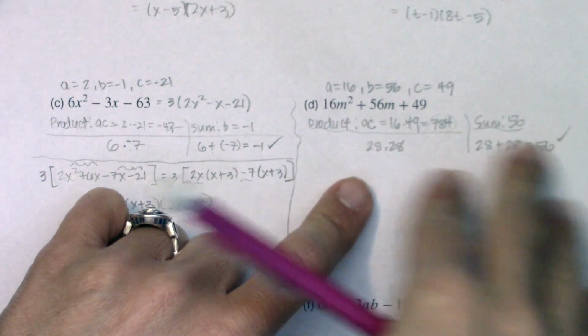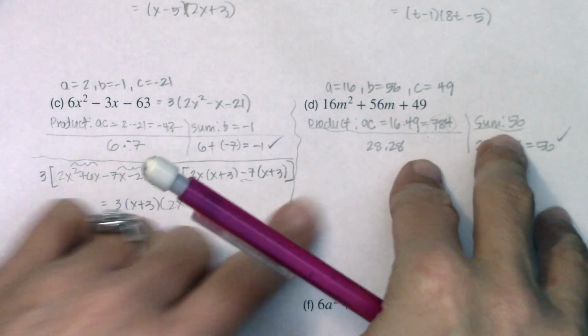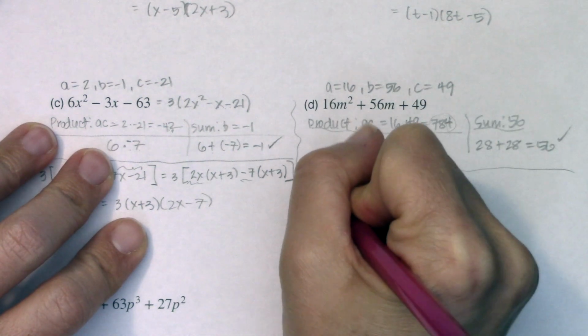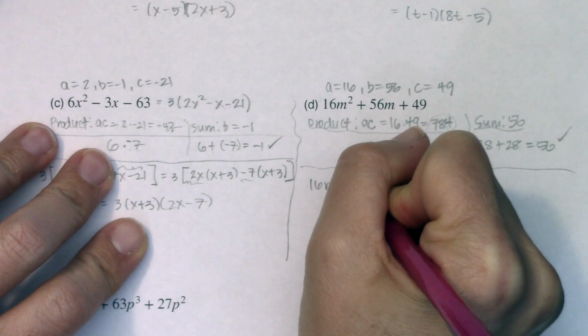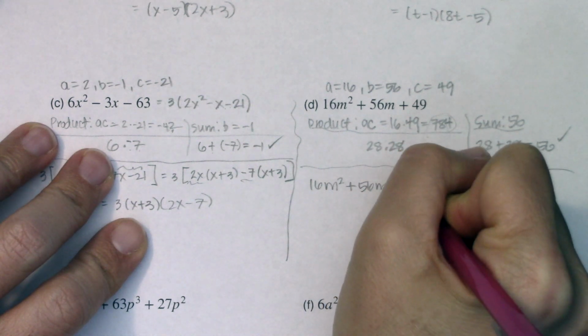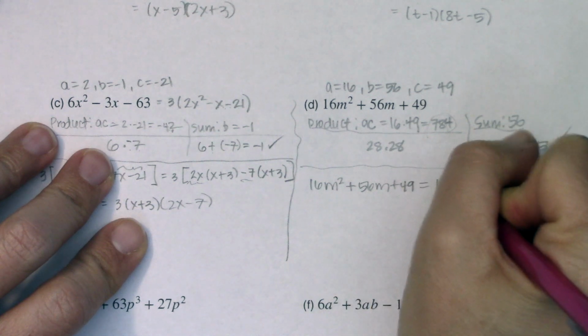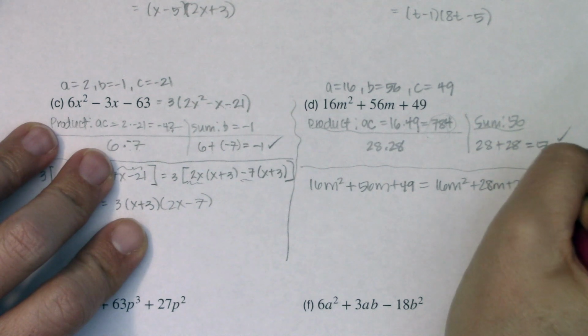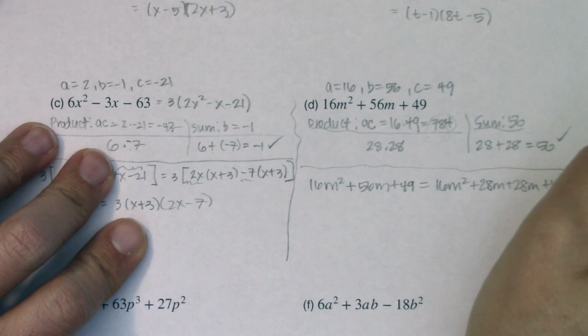I'm not saying it'd be easy to get there, but we could get there. So if I start to simplify this, 16m squared plus 56m plus 49 can be rewritten as 16m squared plus 28m plus 28m plus 49.